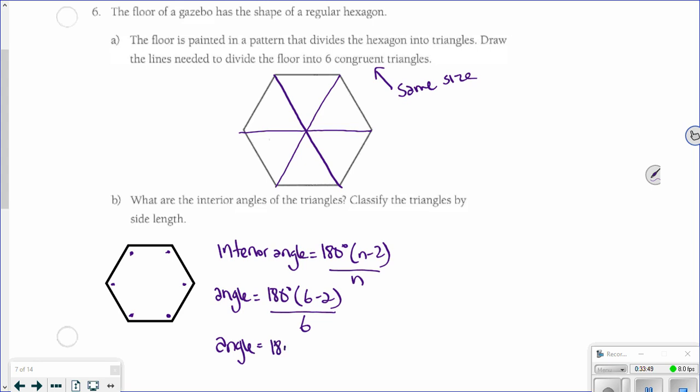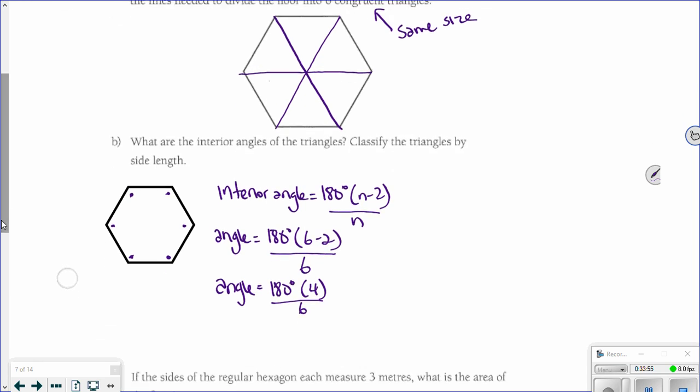My angle is 180 degrees times 4 divided by 6, where my angle is 120 degrees. So each one of these here is 120 degrees.